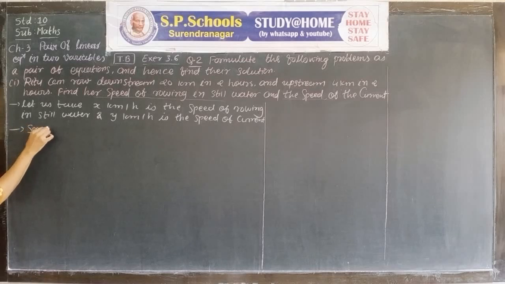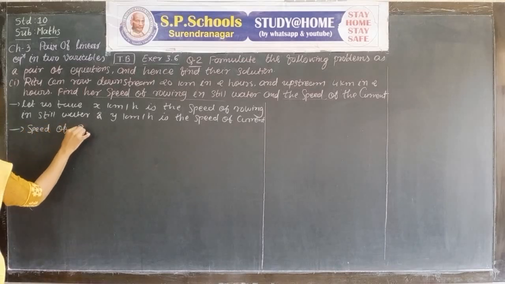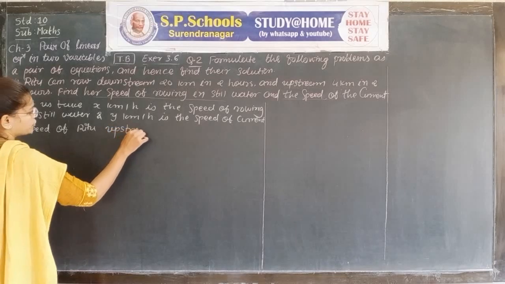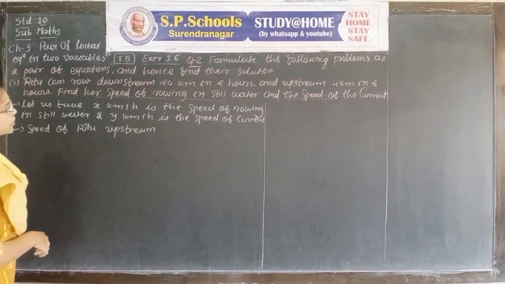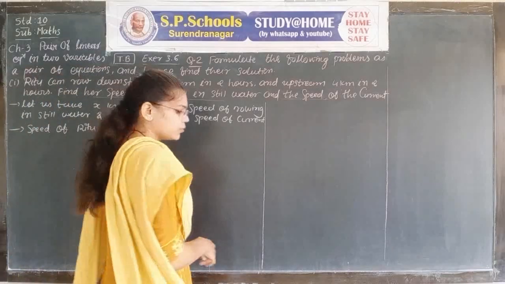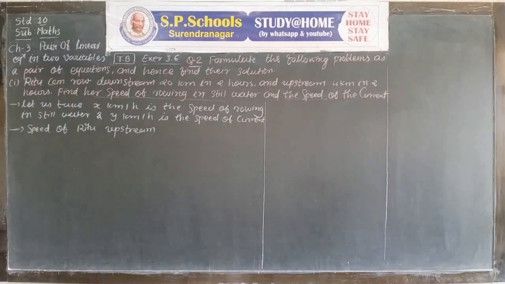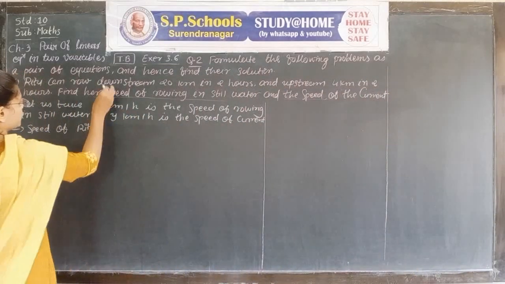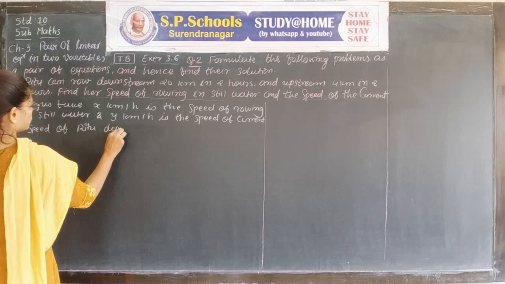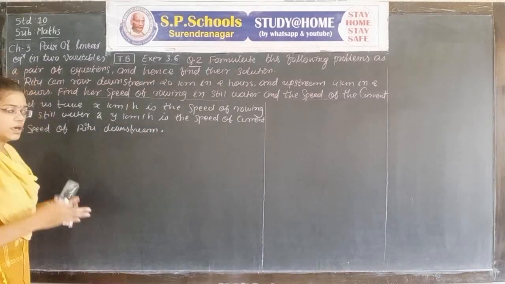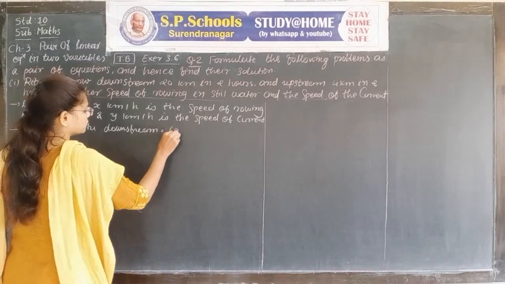Downstream is given first, so first of all we write for downstream. Speed of Ritu downstream. Downstream means in the same direction.